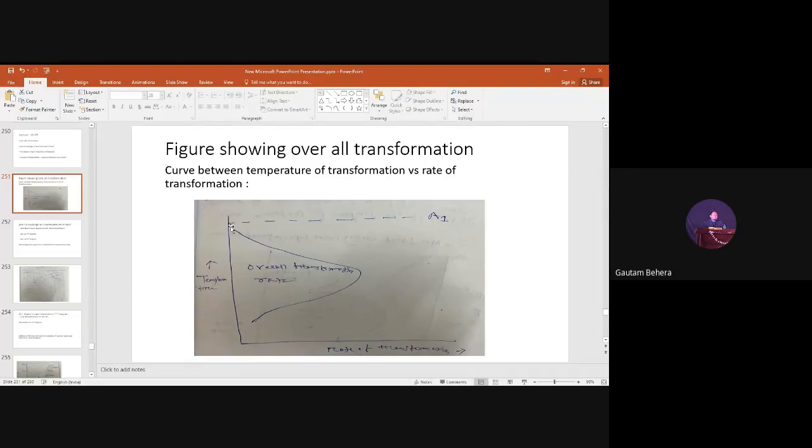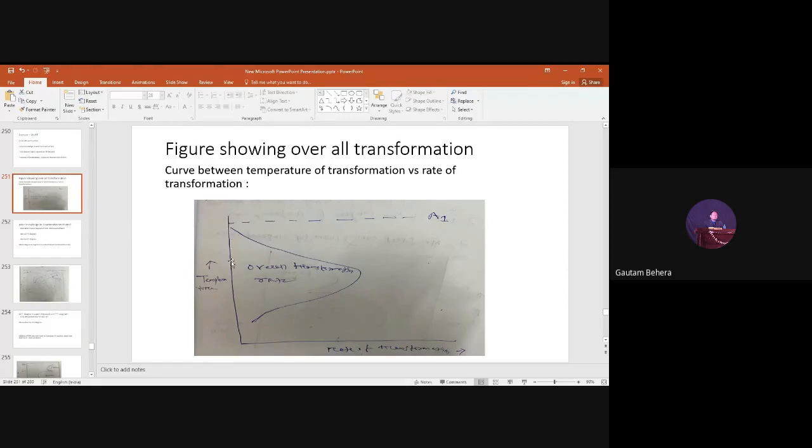So the overall transformation curve is like this. Near the transformation temperature A1, you can see if we are moving down, that means we are decreasing the temperature, or we are doing more undercooling of the steel below the austenitizing temperature.